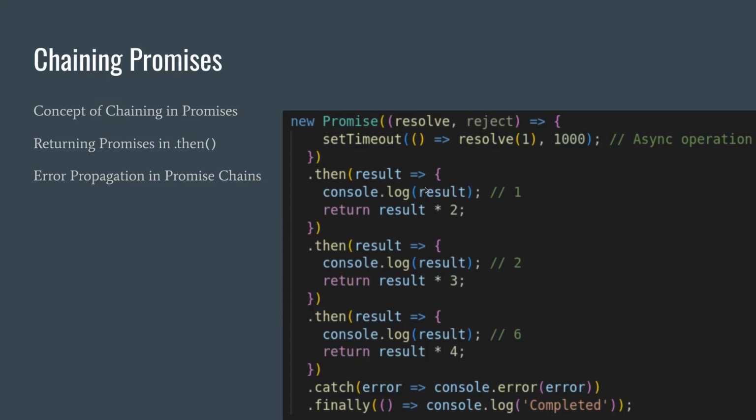So we have one here, and then we will multiply the result that this block received from the previous block with 2. Then once we move to the next block, the result becomes 2. And then we will multiply 3 by the result, then the result becomes 6. And if we multiply this result with 4, then we will have 24.